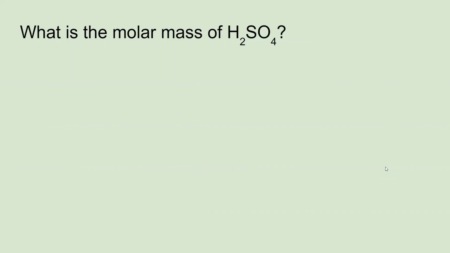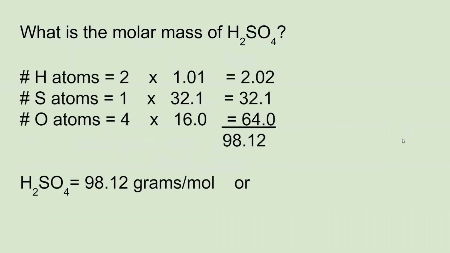Okay, let's do the next one. This is sulfuric acid, H2SO4. So here's our math. We had hydrogen, we had sulfur, we had oxygen. There are 2 hydrogen atoms in this formula. They're right here. We multiply each of them by our molar mass for hydrogen. Okay. We had sulfur, we just had one of those.